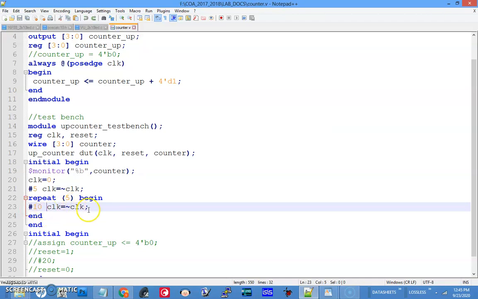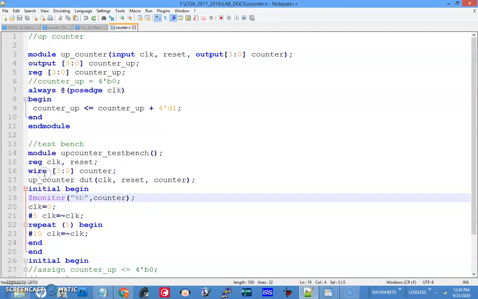The clock is the inverse of the previous value. The duration of the clock cycle you will be declaring here by means of your timescale. You can paste the timescale value from your previous exercise. So this is the up counter.